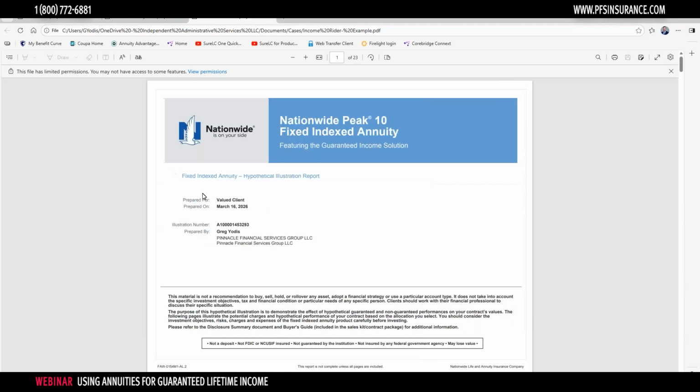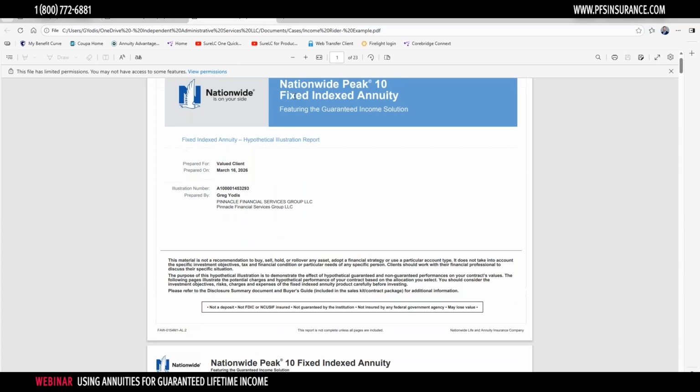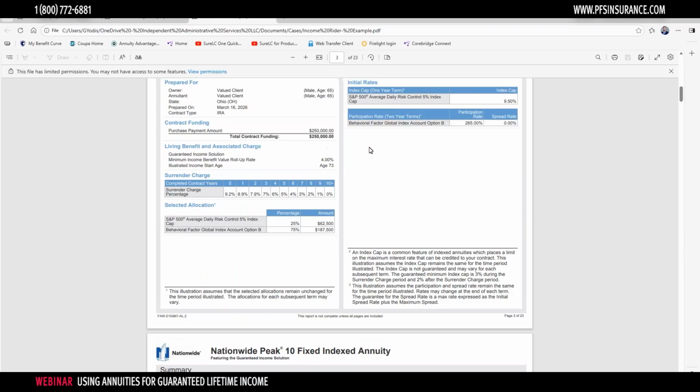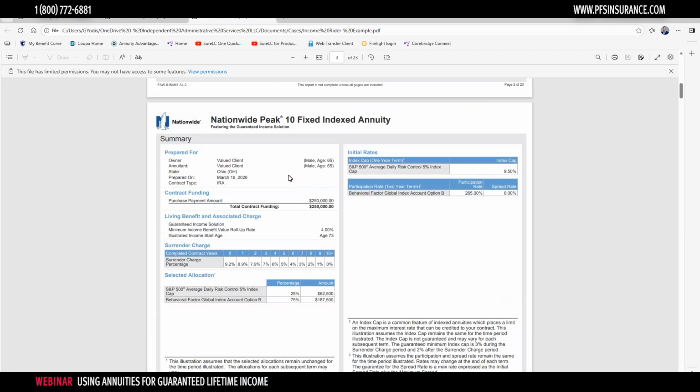And then finally, here's our example of using an income rider, and this is probably our most popular fixed index annuity when generating retirement income. This is the Nationwide Peak 10 fixed index annuity. So just to give you an example of how this product works, you definitely get some benefits when you use those riders.